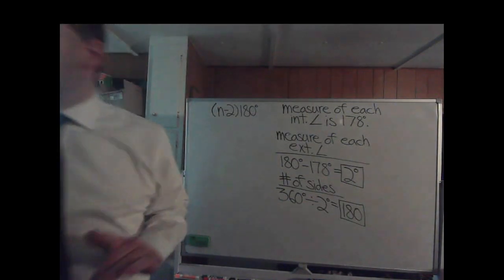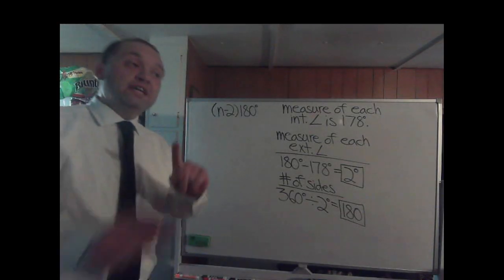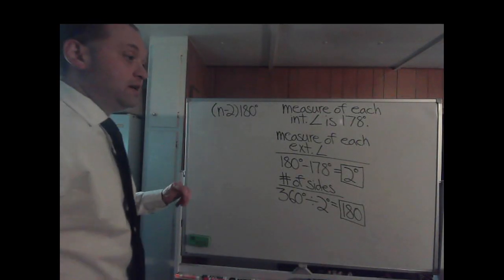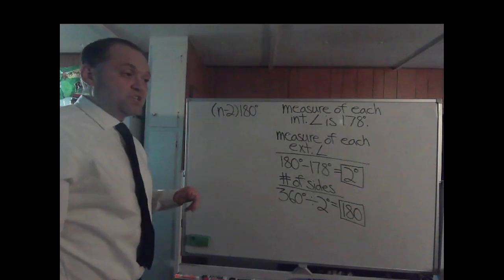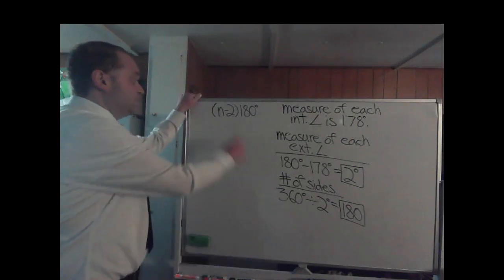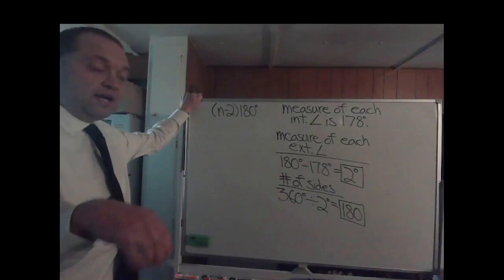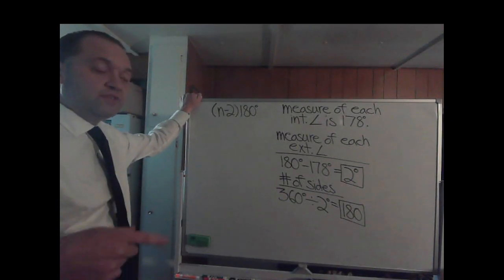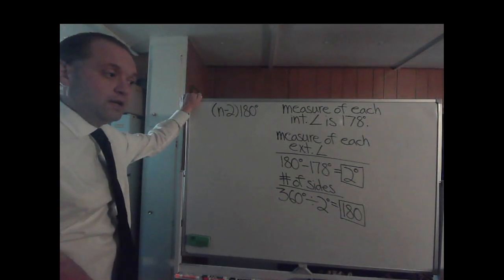So let me recap. First, if you're given the number of sides of a polygon, you want to start out by finding the total measure of the interior angles of that polygon.